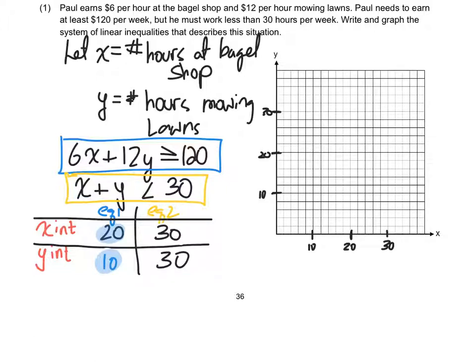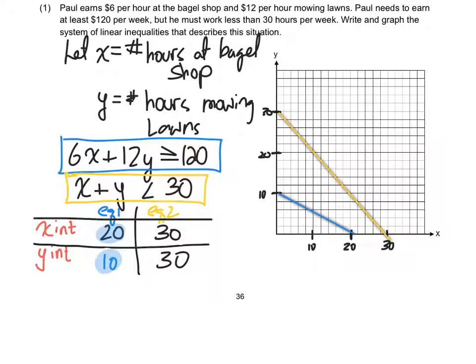All right, so 20 and 10, and then 30 and 30. Let's do another: 20 and 10, 30 and 30.